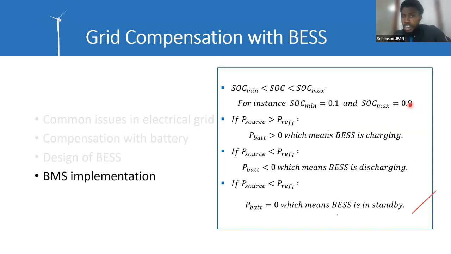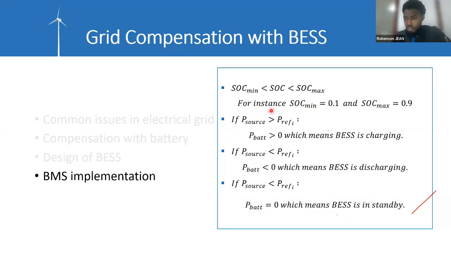Therefore, I will use 80% of the capacity of my battery energy storage system. Also, I have to define when I will have to charge my battery and when I will have to release energy from the battery.